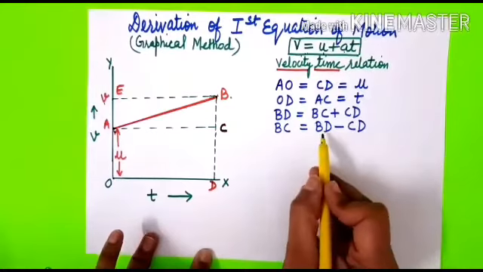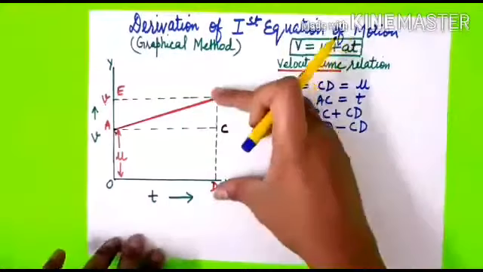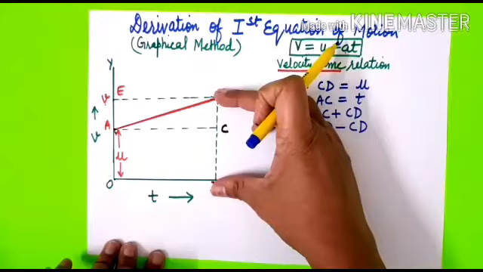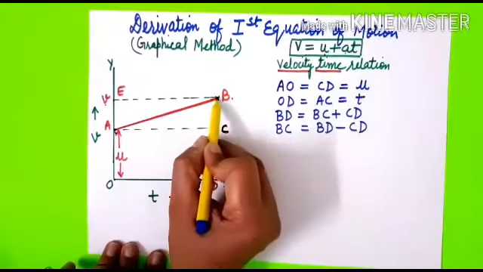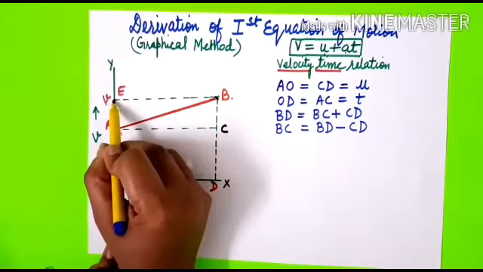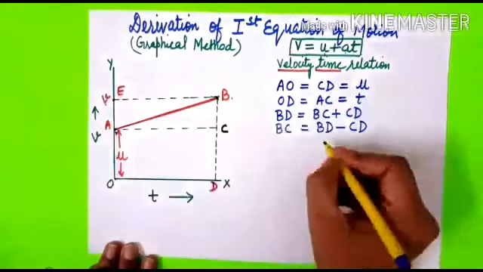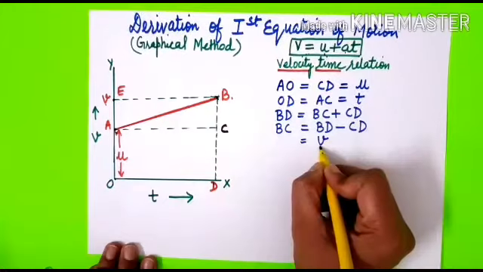Clear? So now you can see the value of BD in this graph. Here is the BD. This is the total velocity, because B represents the end point, and at the end point, you can see on the y-axis, the velocity is v. So you can put the value according to this graph, v. v is the final velocity.